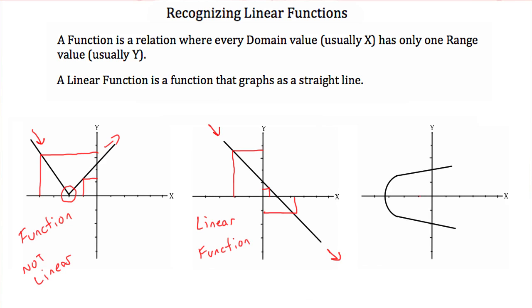This appears to not be a function because for every x value, I can find multiple y values. So this is not a function. And if it's not a function, it can't be a linear function.